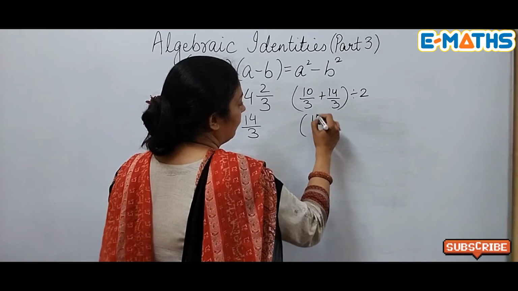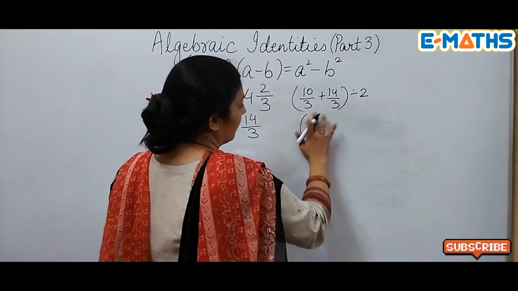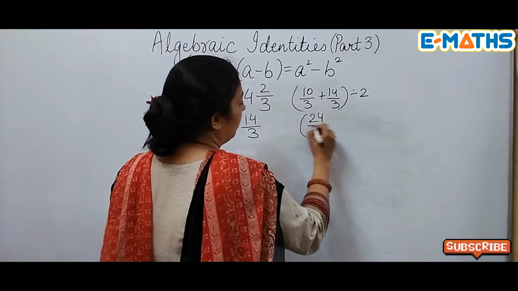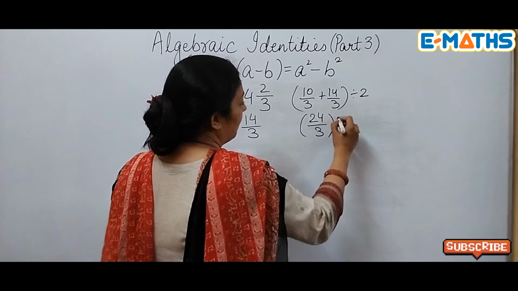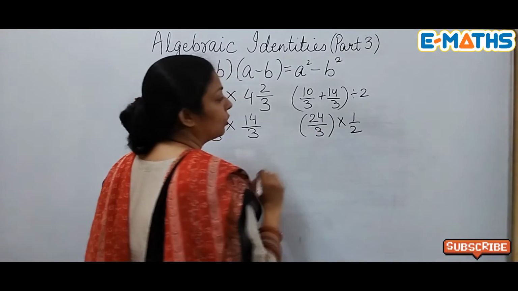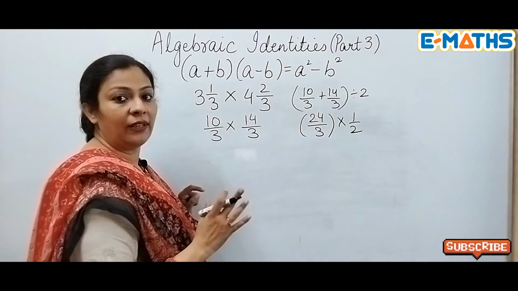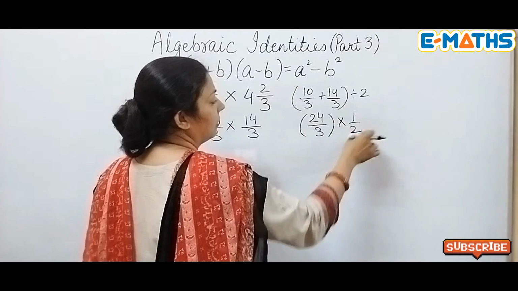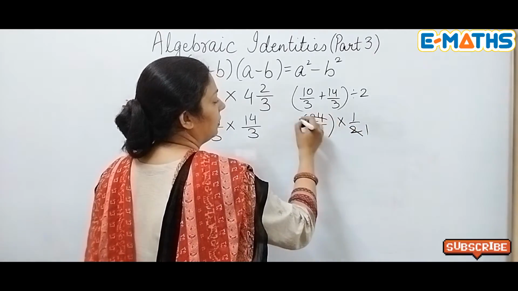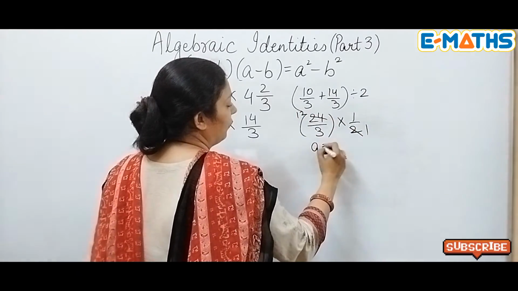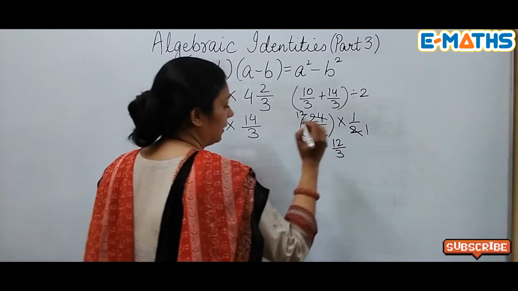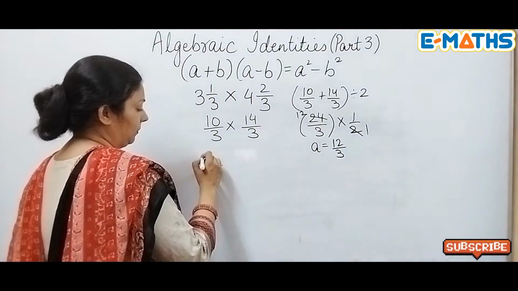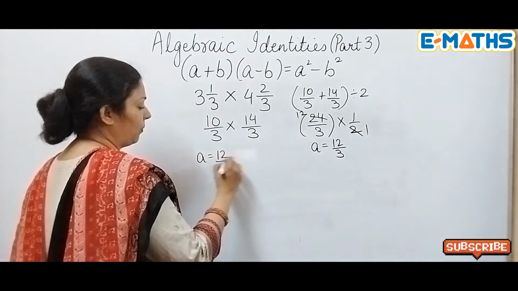So over here you will get 24 upon 3 multiplied by 1 upon 2, because we never divide in rational numbers, so we keep, change, turn over. 2 1s are 2, 2 12s are 24. So the value of A is coming out to be 12 upon 3. So write down here, A is 12 upon 3.